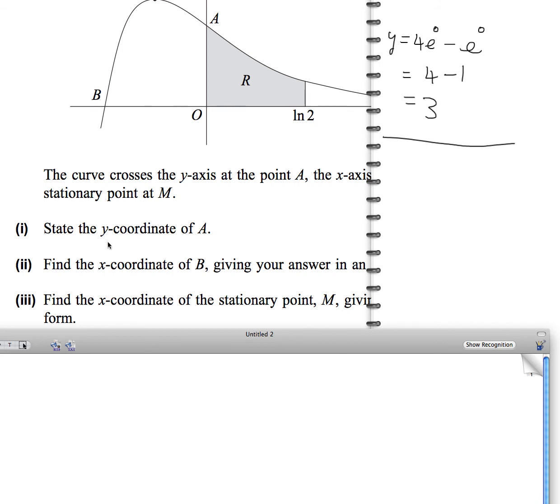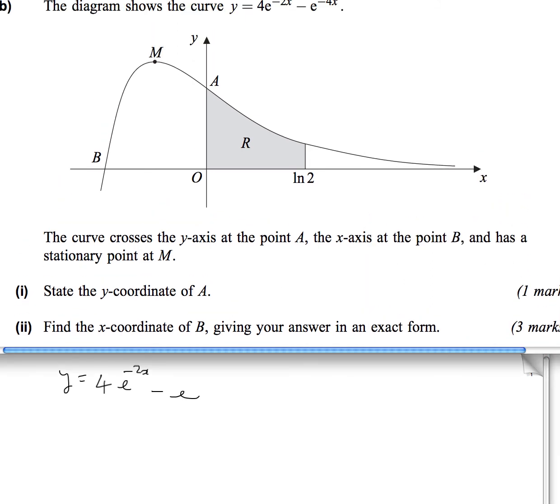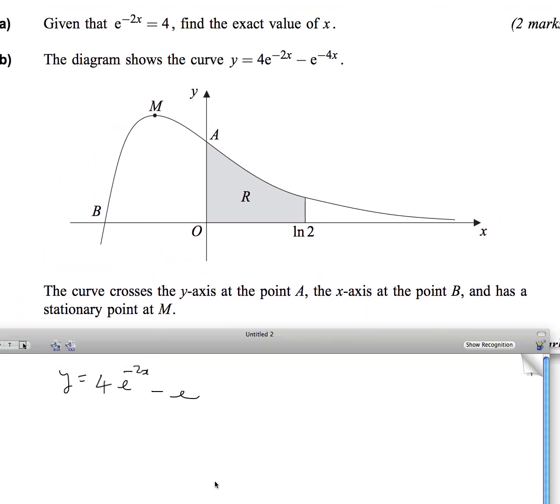So we've got the equation y is equal to 4e to the minus 2x minus e to the minus 4x. And we want to find the stationary point.